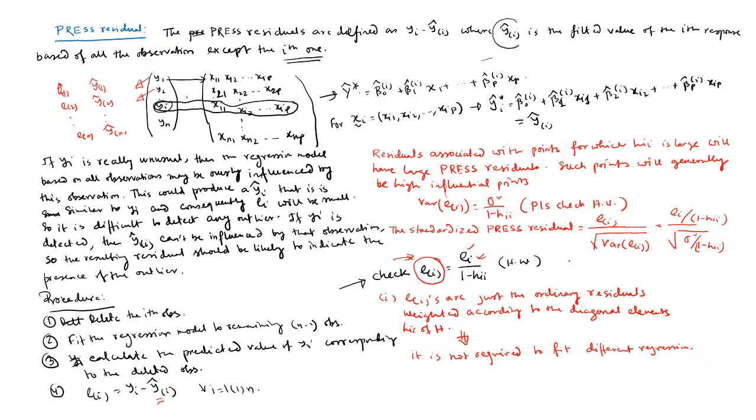So we write this as ei by root over sigma square times 1 minus Hii. Since sigma square is unknown, we estimate this by mean sum of squares due to residual.